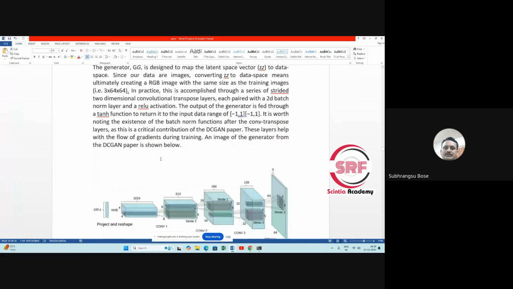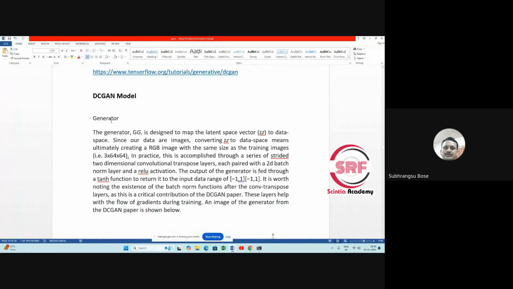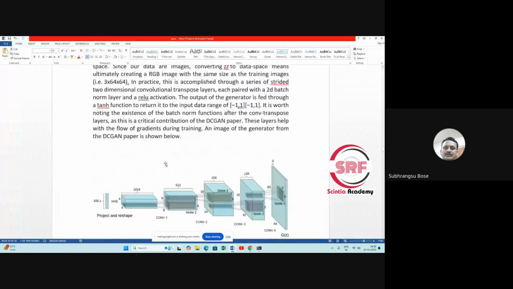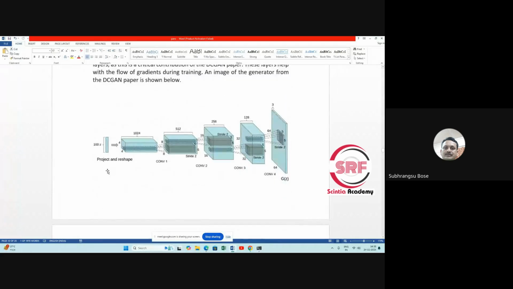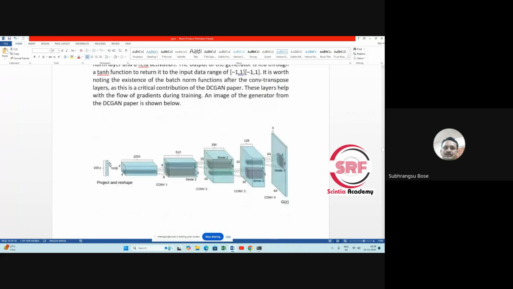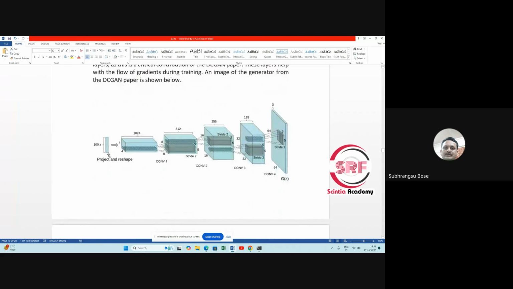Then we understand how to make a convolutional neural network in the generator and discriminator. This is a network architecture, a convolutional neural network architecture. Here, this is the input.